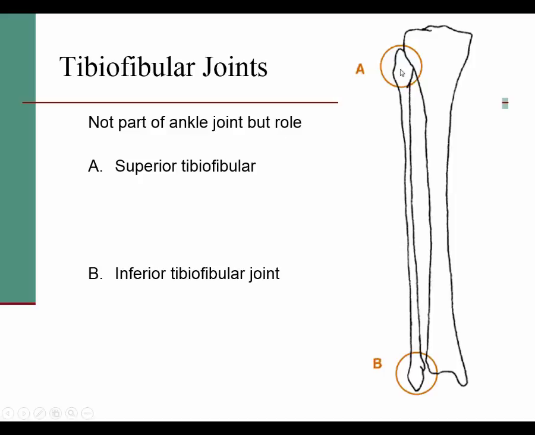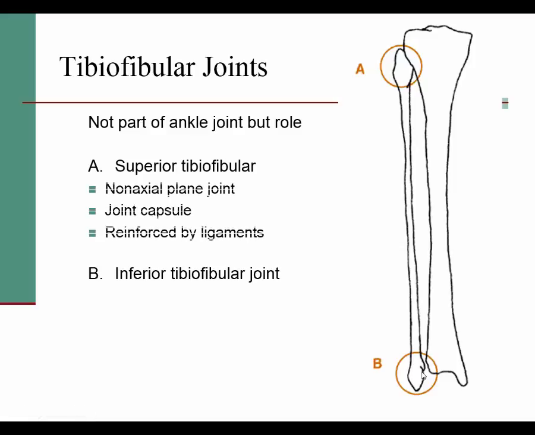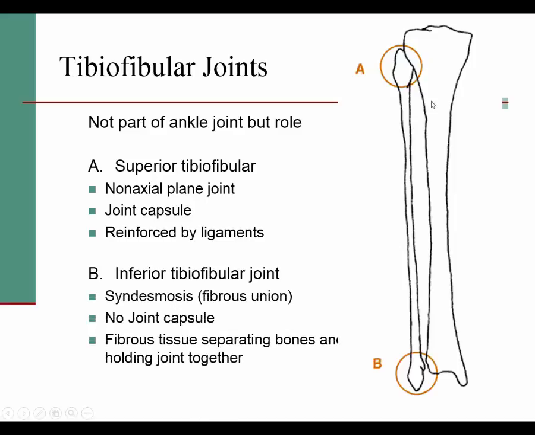The superior is a non-axial plane joint. Remember, non-axial means there's no movement. There is a joint capsule, reinforced by ligaments that run through. Then the inferior tibiofibular has more of a fibrous union. There's no joint capsule down here, and the fibrous tissue separating the bones holds the joint together.